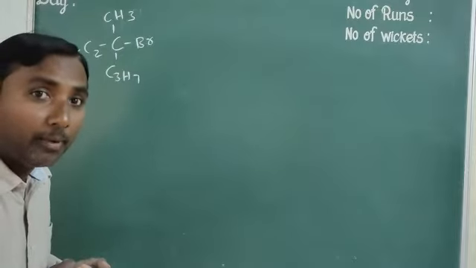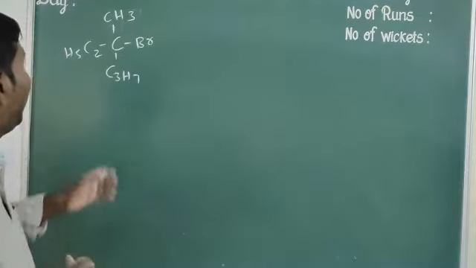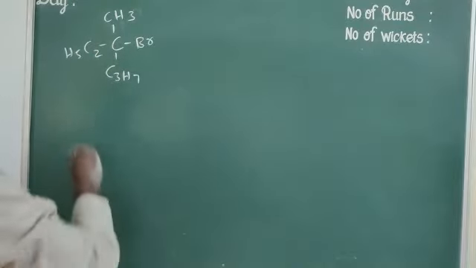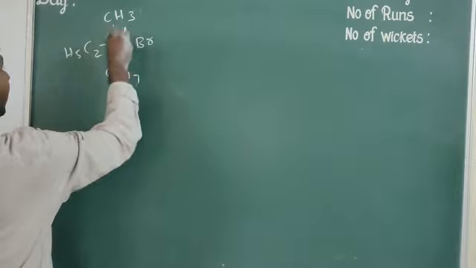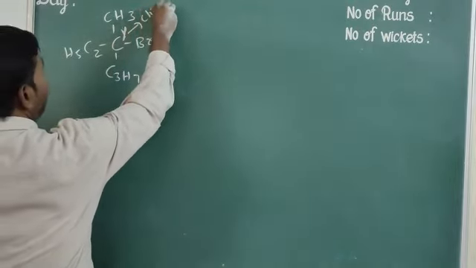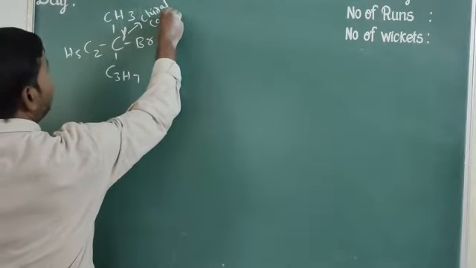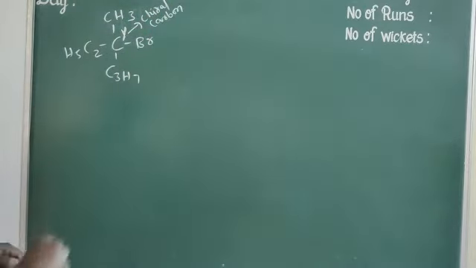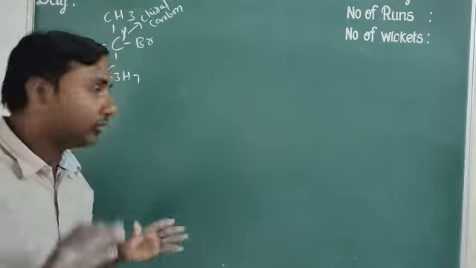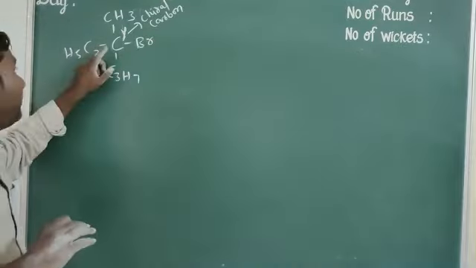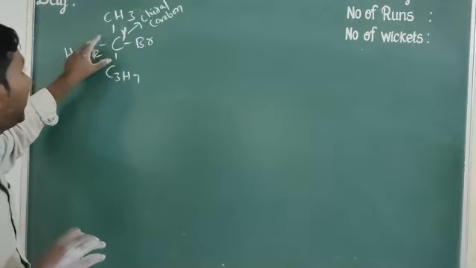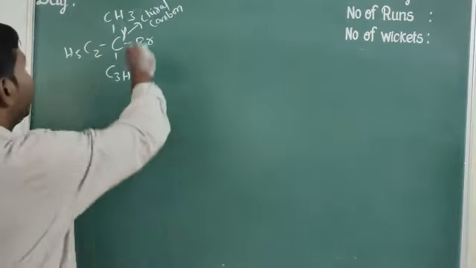A chiral carbon means a carbon having four different groups. So this is the chiral carbon. Now I am taking the chiral carbon; this is also a tertiary haloalkane.